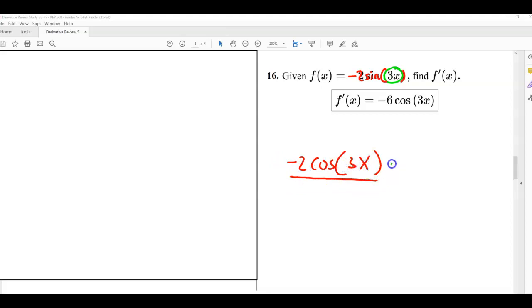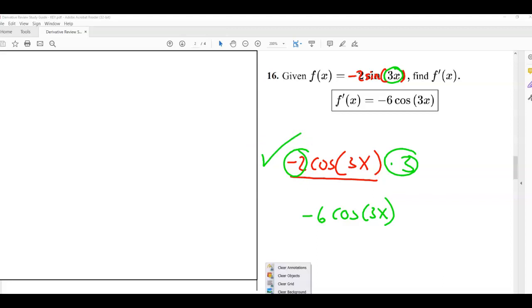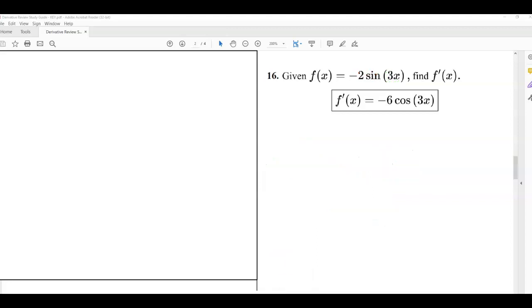The derivative of the inside is 3, and it looks like they went ahead and multiplied these together to get 6. They didn't say simplify, and so I'm thinking that there would be no problem with them accepting this answer. But it's not that hard of a thing to simplify, so why not? All right, moving along.